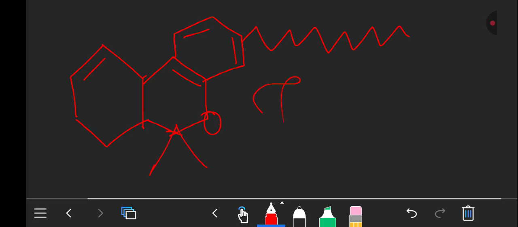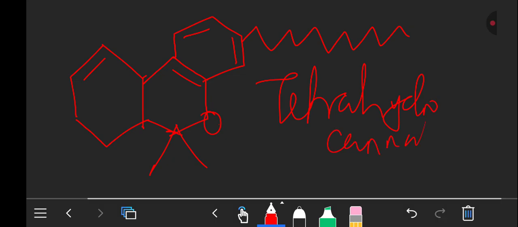So this is the structure of tetrahydrocannabinol. Okay, so they have this structure.